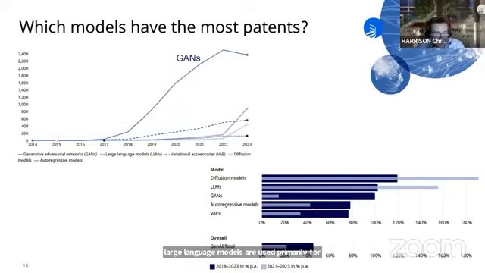Variational autoencoders are used for both text and images. But in the report, we have many further details looking at who has patents in relation to these different models, and we break that up and drill down in many different dimensions as well.